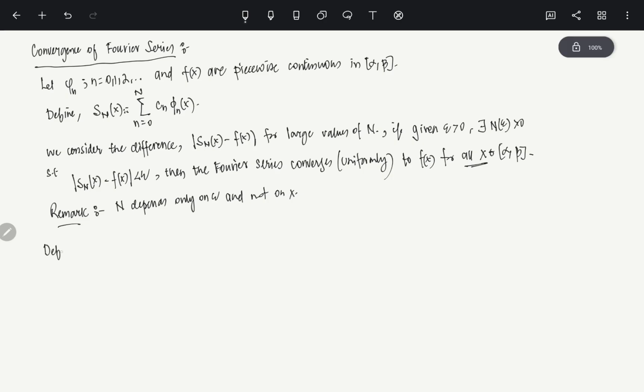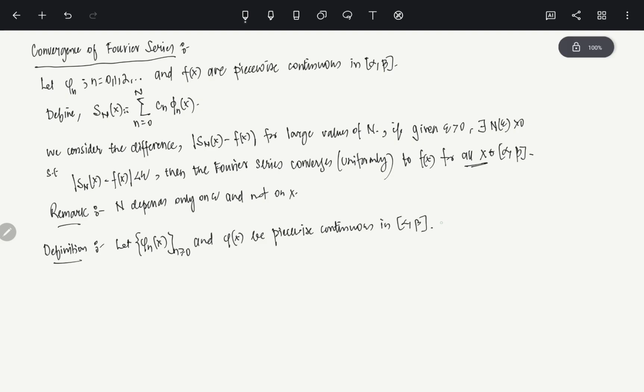We start with some functions phi n of x, n greater than or equal to 0, and phi of x, piecewise continuous in alpha beta.